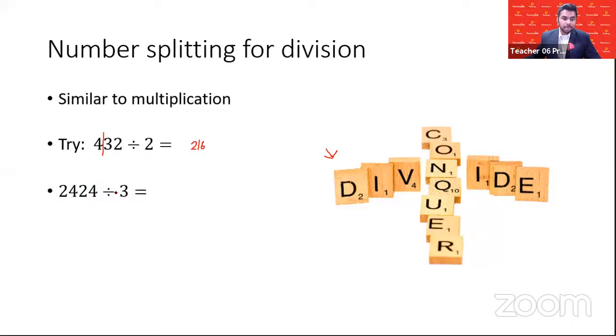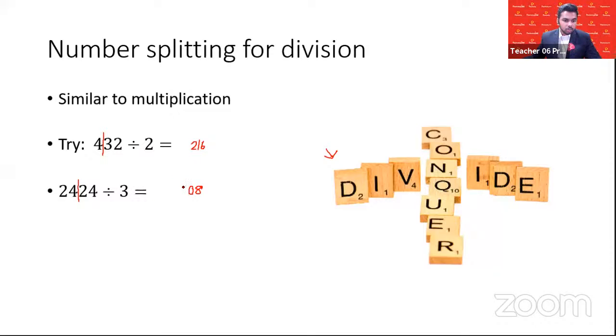Again, 2424 by 3. This is again an easy one, but you should be a little bit careful now. 24 divided by 3 is 8. Everyone knows that. But there are two places here, and you have only written one place. So you should be a little careful. You should write 08, particularly because you divided a two-digit number by a single-digit number.